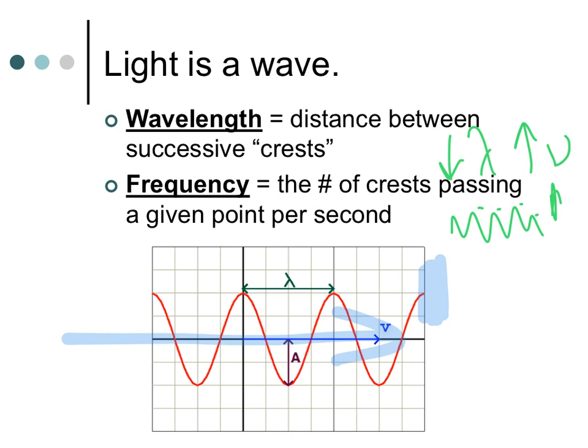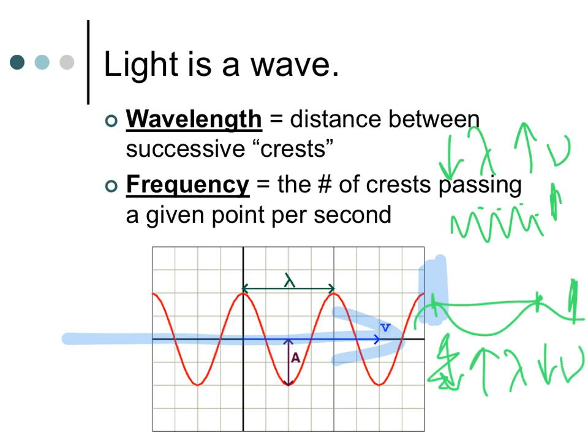On the flip side, if I had nice calm waves, I would have a larger wavelength. Crest to crest would be longer, but then I would have fewer crests hitting my hand per second. So where one goes up, the other goes down. We call that inverse.